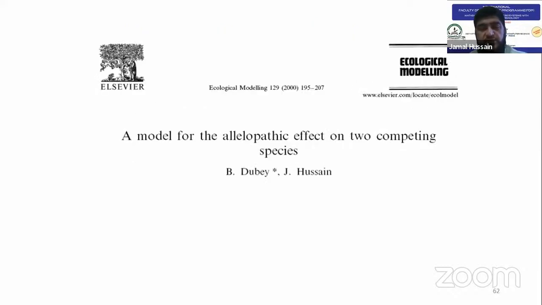Here is a model that we developed, published in Ecological Modeling. The title is A Model for Allelopathic Effect on Two Competing Species. As I mentioned at the beginning, this is about competing species, but as I see it, like human beings compete, all organisms compete.